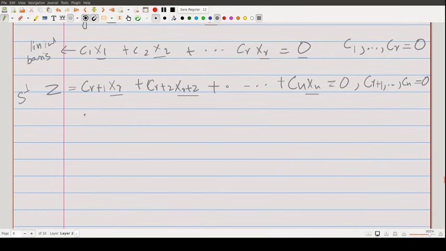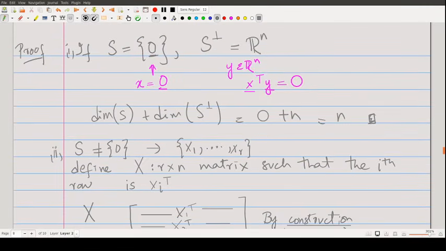And so I have shown that c1 to cn are all equal to 0, which completes the proof that all of these vectors are linearly independent.